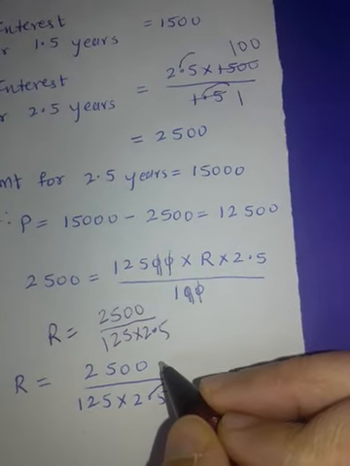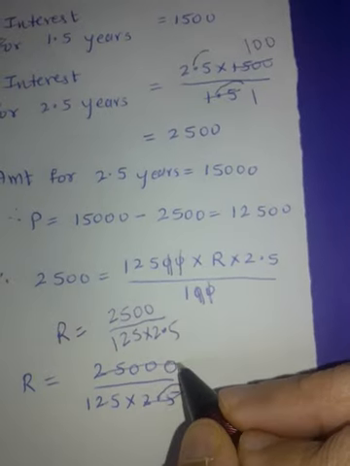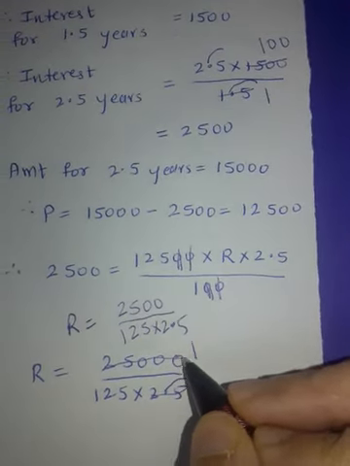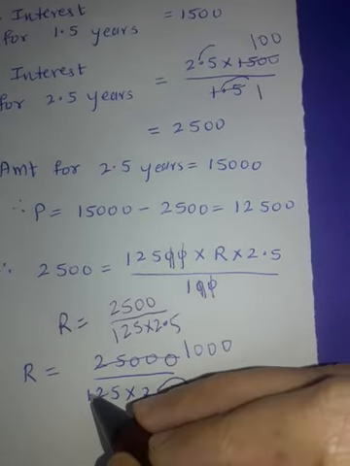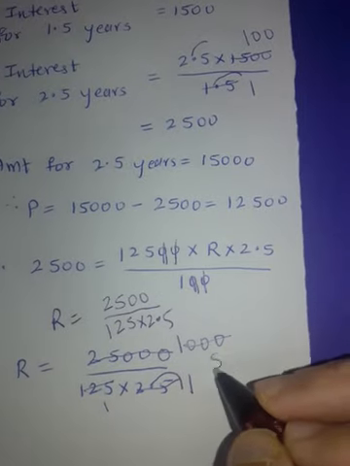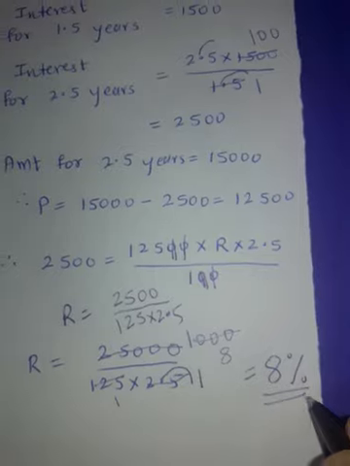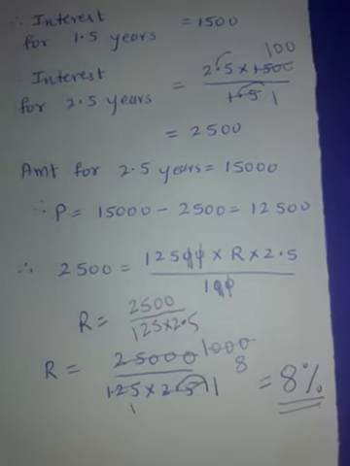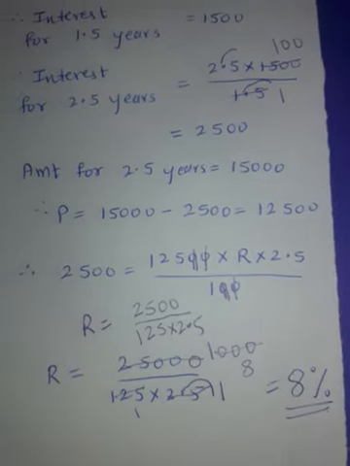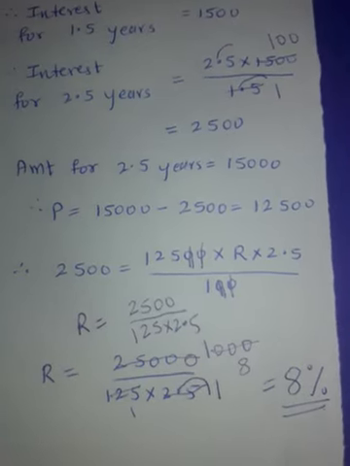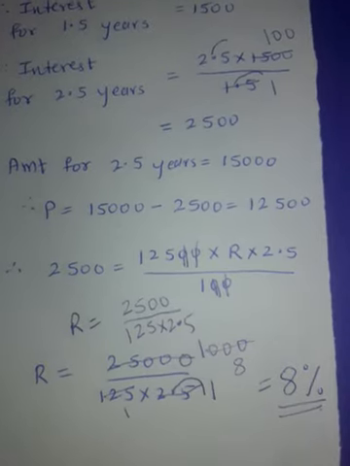Shift of decimal, 1 decimal, so 1 zero here, and then 3 zeros. 125 8 times is 1,000, that we all know. So the answer is 8%. Calculations are also very easy. I hope you understood this particular example. Watch this part of the video again if you haven't understood. This is one important example. Now let's move to the next example.